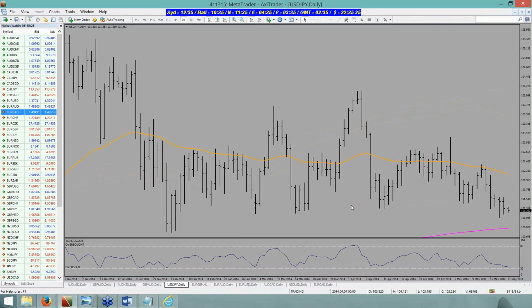I would suggest more of a range, although you could say there's a cycle and you're making lower lows. Yeah, I can see your argument there. But if that's the case, there's no divergence here. Yeah, there's still no divergence.